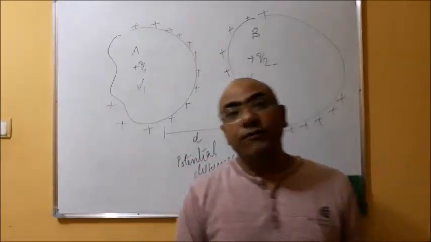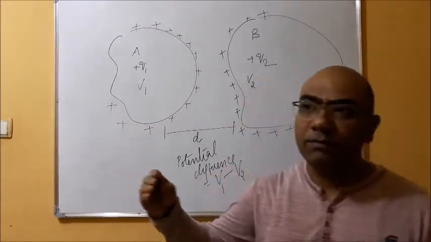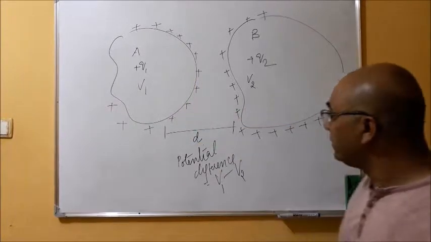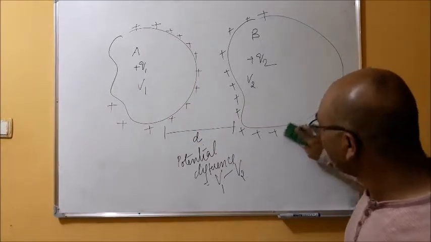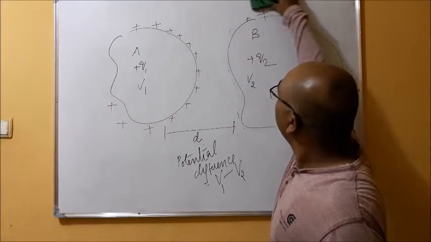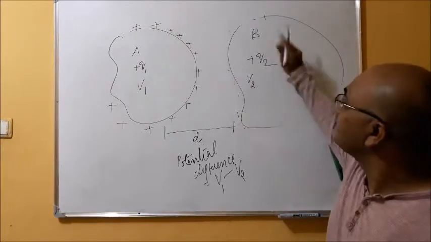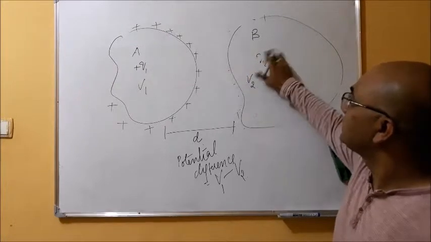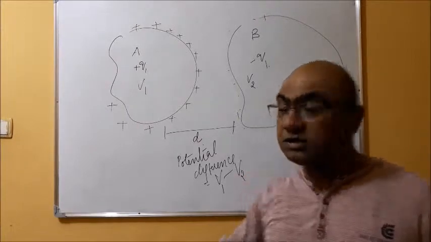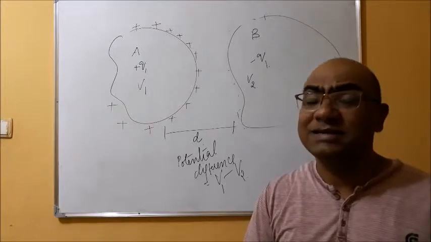In the same way, if we are designing the body in such a way that we are supplying the charge to the body, so what will happen? If body A is charged by the plus Q1 charge, and suppose the same charge appears but opposite in sign at surface B. Suppose we are supplying this charge from any external system, any external battery.